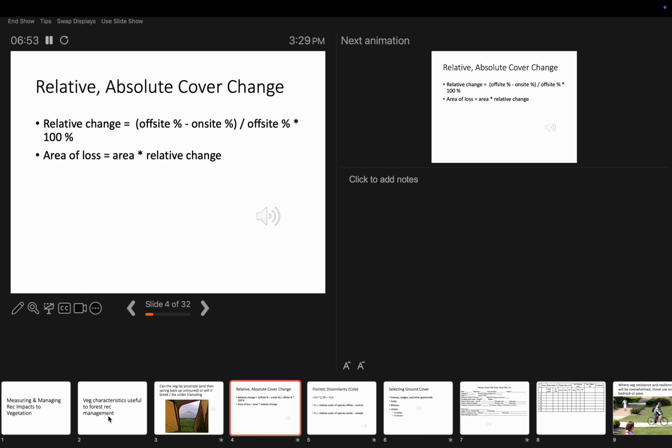One of the basic stats that we're going to do is on-site, off-site comparison. So for every campsite that you find, you would measure what's the cover in a randomly located 1 square meter quadrat. What percentage of the pixels inside that square frame are green versus brown or gray is one quick way to do that photometrically.